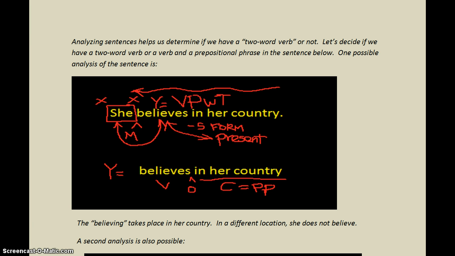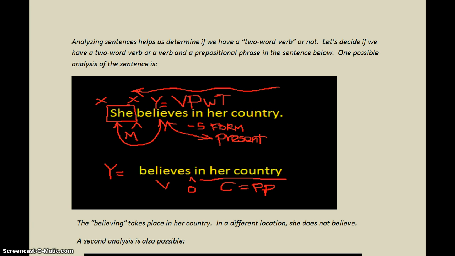So the Y contains four of its own places. There's a place for verbs like believes. There's a place for particles. I don't see any particle. There's a place for objects. I've labeled that as O, but it's empty. And then in her country is the complement. It's a prepositional phrase. And what this sentence means is that the believing, this action that she does, happens in her country.